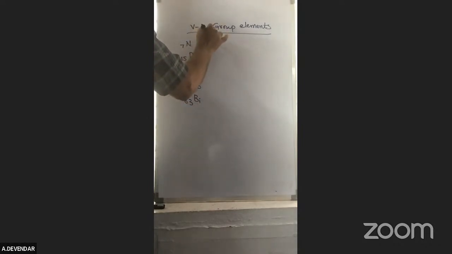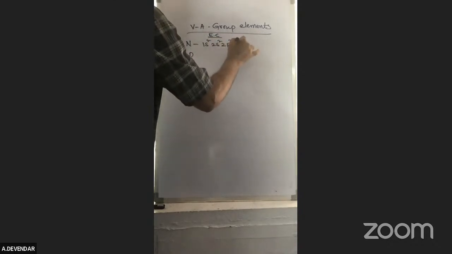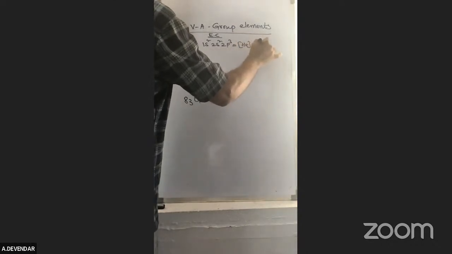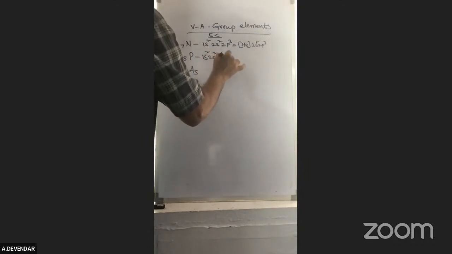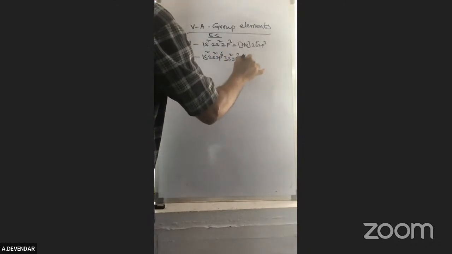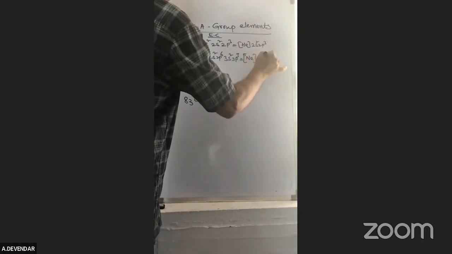Okay. So first we read the property, electronic configuration. The first element is 1s2, 2s2, 2p3. The short form is helium 2s2, 2p3. Just keep in mind. It is the 15th element, meaning 1s2, 2s2, 2p6, 3s2, 3p3. It is nothing but neon 3s2, 3p3.